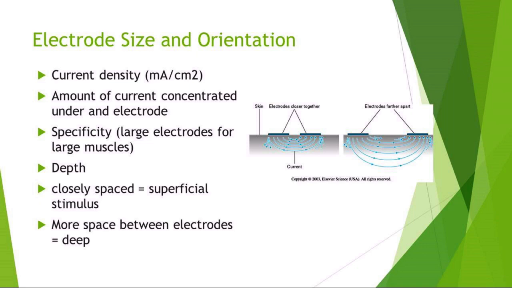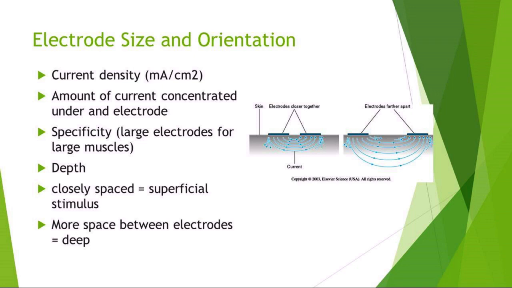If you have a larger electrode with the same amperage, you're going to have a lesser current density. So you want to use large electrodes for large muscles, small electrodes for small muscles. That just kind of makes sense. So in lab, you're going to have some small ones and some larger ones, and you get to decide which ones to use.